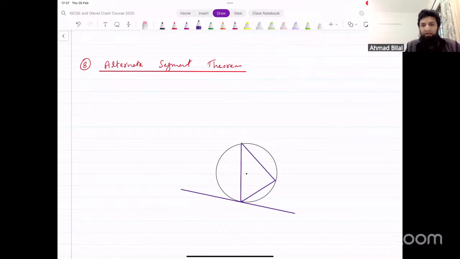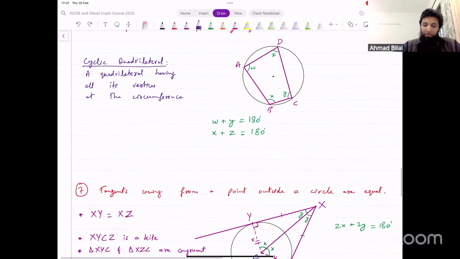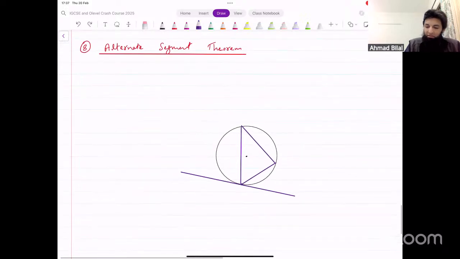This is a cyclic triangle because all three vertices of this triangle are on the circumference. Just like we had a cyclic quadrilateral, we can say this is a cyclic triangle. So how do you spot this?